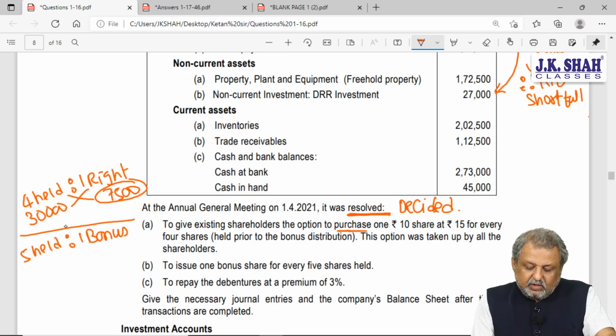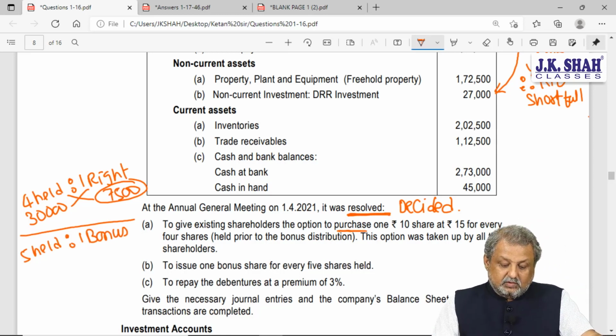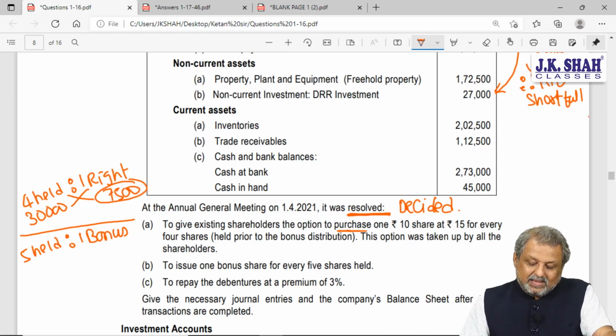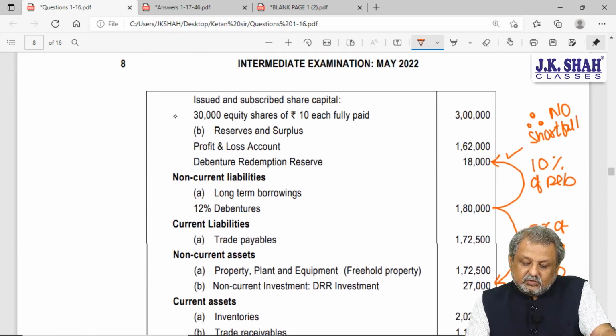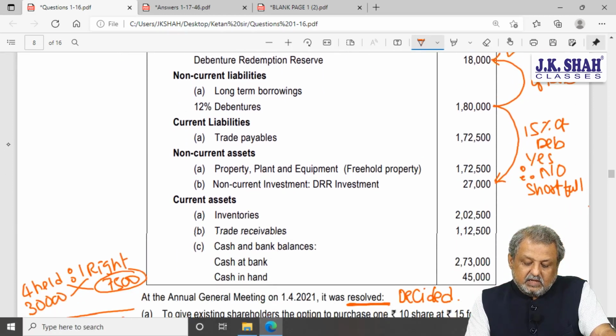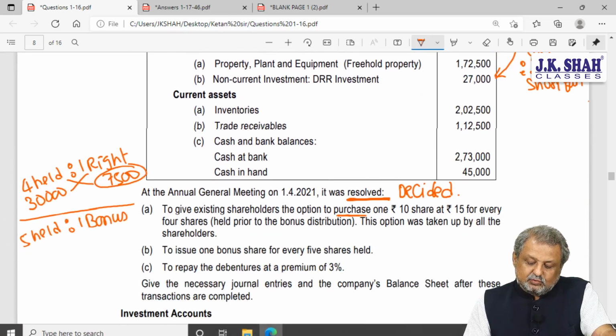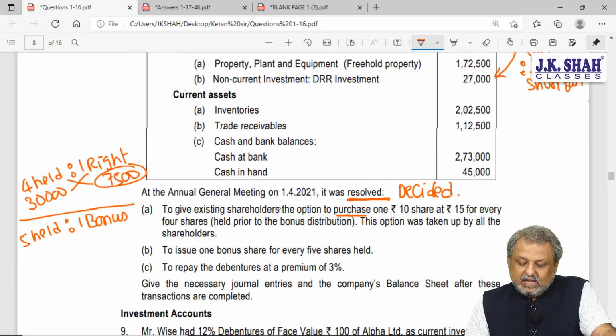Now here I am doing it besides here only. Otherwise, what you can do is make separate working notes. Issue 1 bonus for 5 shares held. So how many held now? In the balance sheet, 30,000 shares were there, and in right issue you gave 7,500.